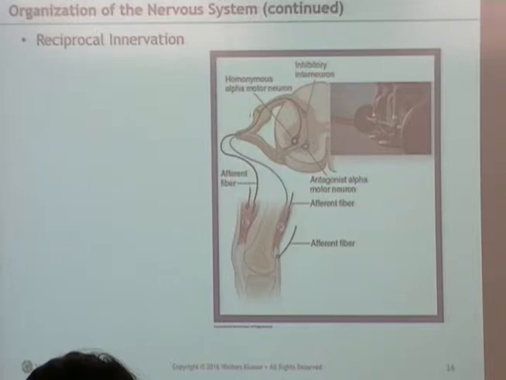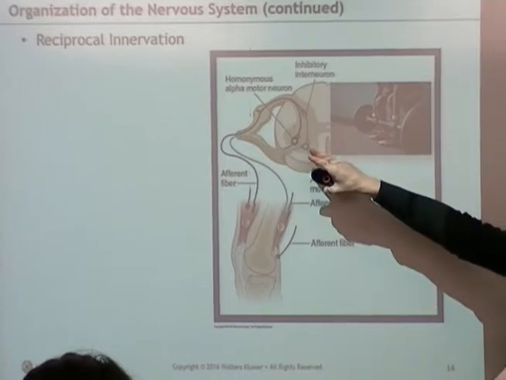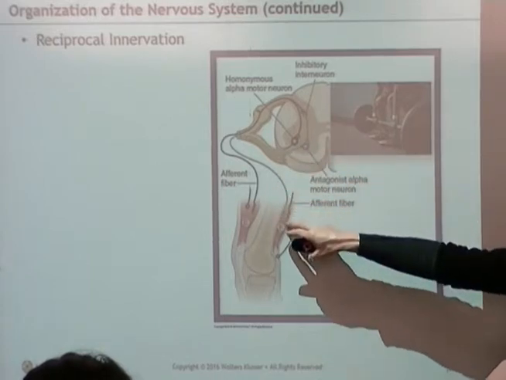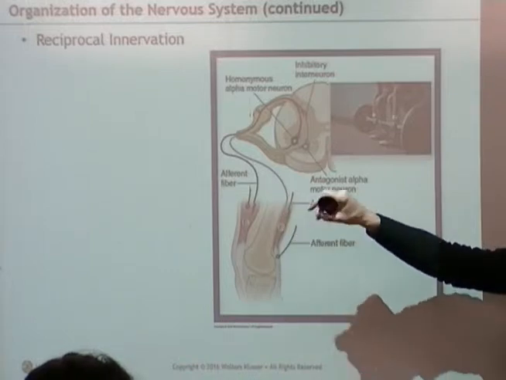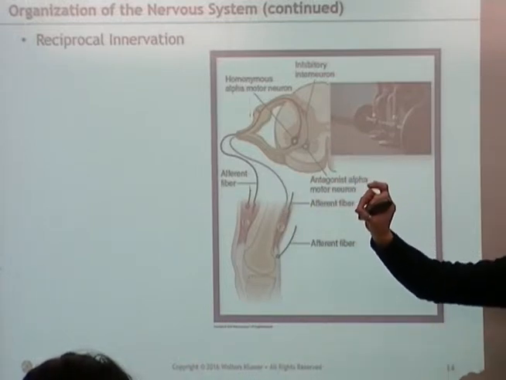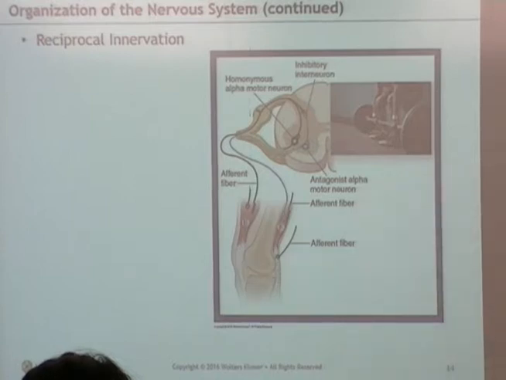I can organize the muscle that's doing the work, but I don't want any counter forces occurring that would take force away from what I'm trying to apply to the ball, say. So the inhibitor interneuron synapses with the motor nerve to the muscle on the other side of the joint so that it isn't contracting and causing less force to occur.